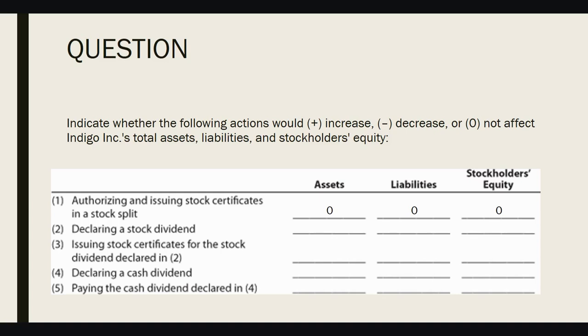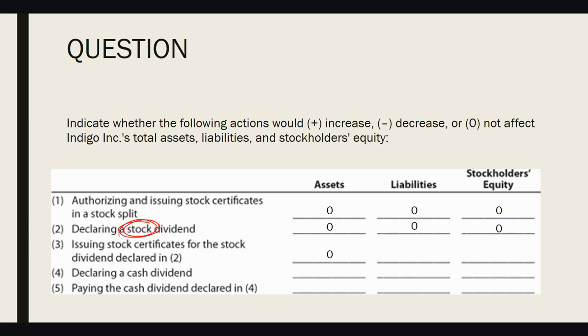So what about declaring a stock dividend? Now remember, this is a declaration. The stock have not been issued. And also remember, this is a stock dividend. So let's focus in our mind, this is a stock. So it doesn't impact assets, liabilities, or stockholders' equity. Well, what happens once the stock is now distributable and it is issued?